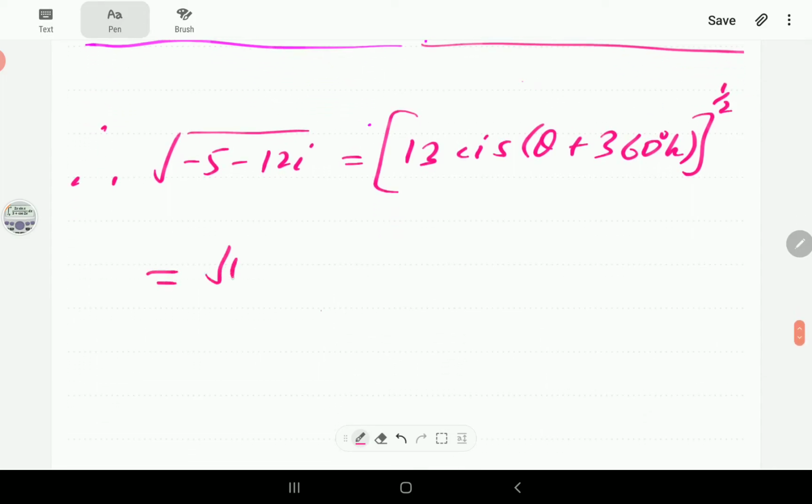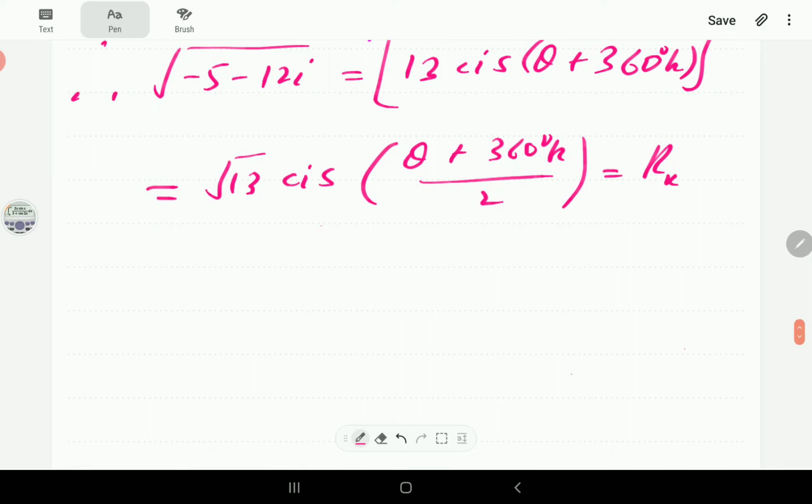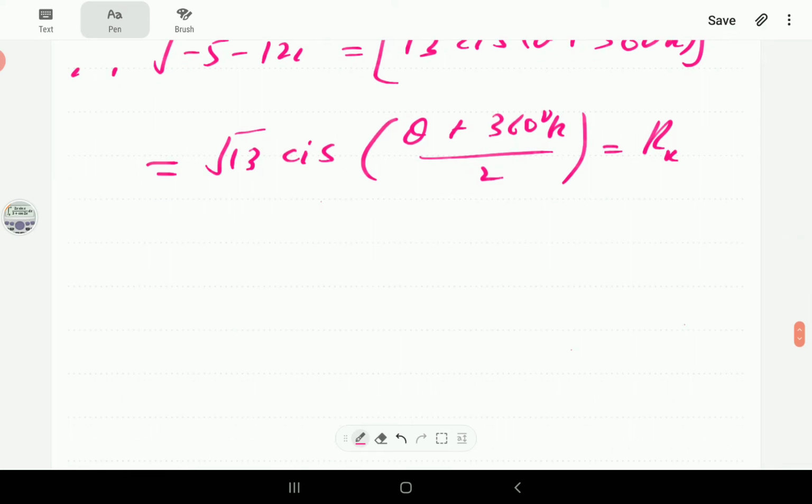So that's going to be square root 13 cis theta plus 360k all over 2. So if you call this rk, then we just run the values of k from 0. So when k is 0, this is square root 13 cis theta over 2.